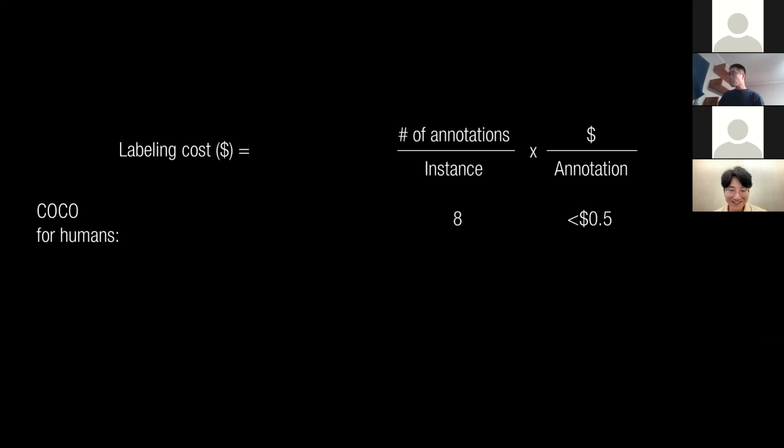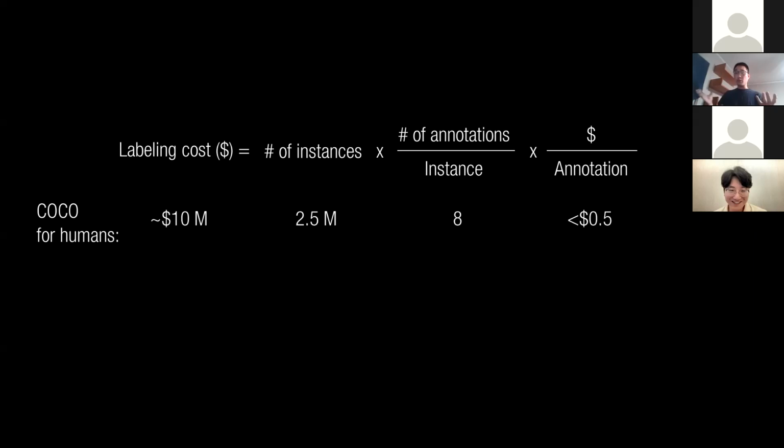And we need more annotations than instances, because this is a crowd worker, so there is a lot of noise in the annotation. So we need more than one annotation per instance so that we can have a cross-check. And we need about 2 million instances to label. So it ends up with $10 million.